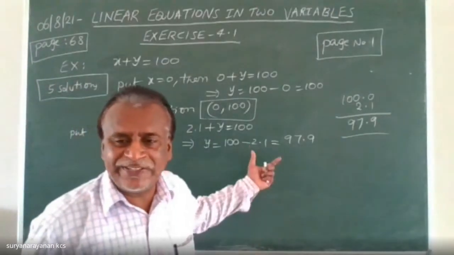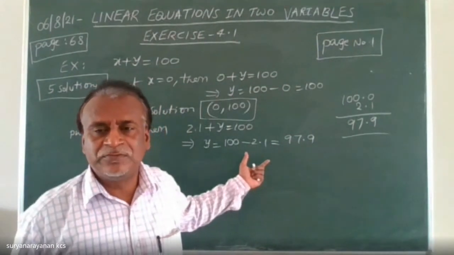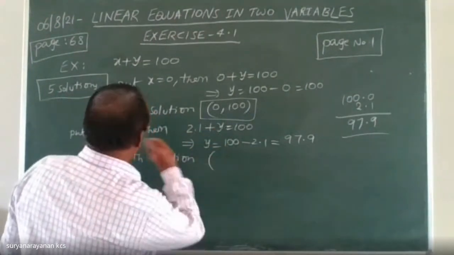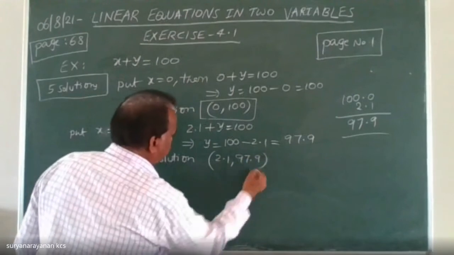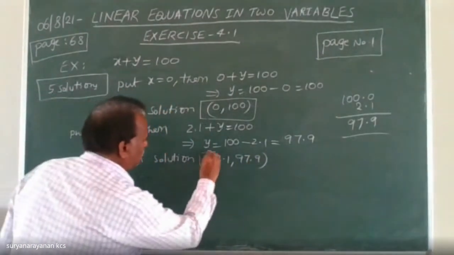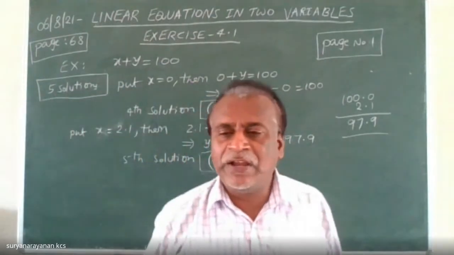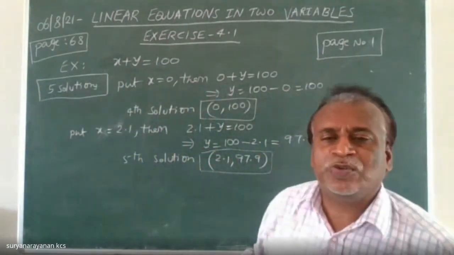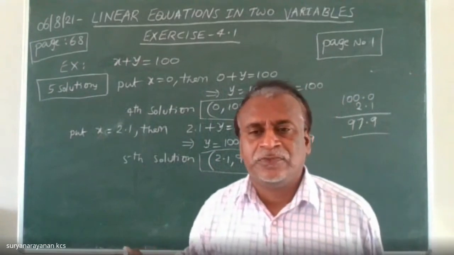Then how do you represent this solution? Sir, ordered pair 2.1, 97.9. Yes, ordered pair 2.1, 97.9. This is the fifth solution. In this way, we can find infinitely many solutions, or as per the required number.